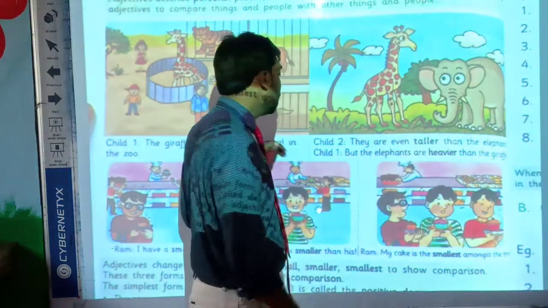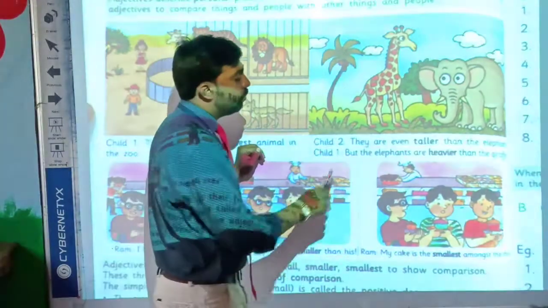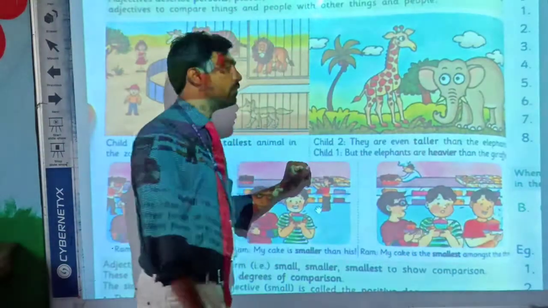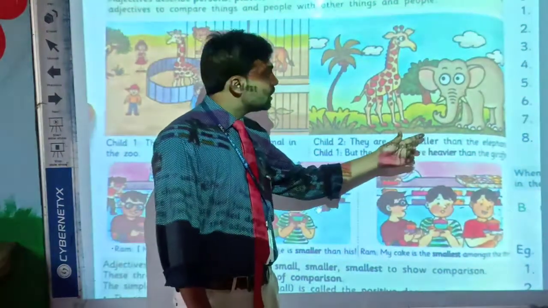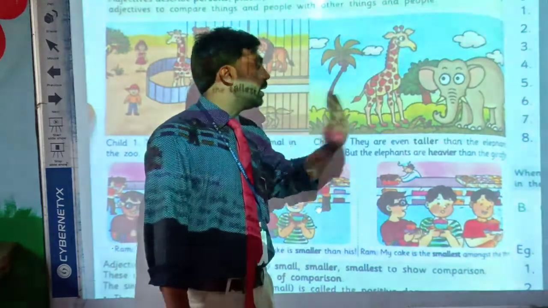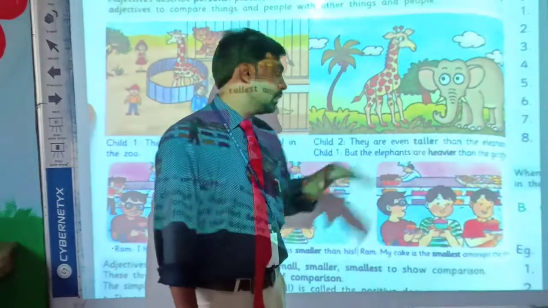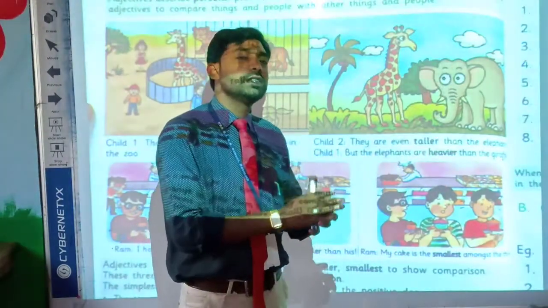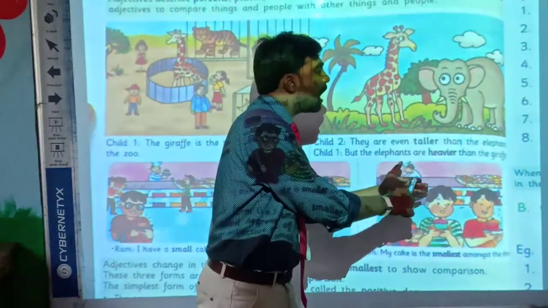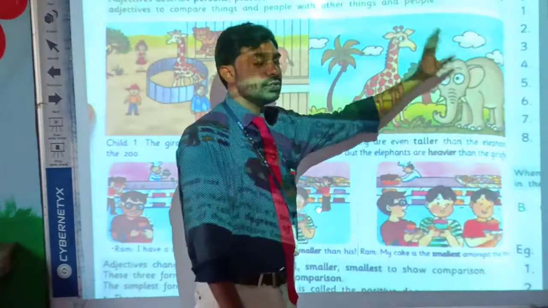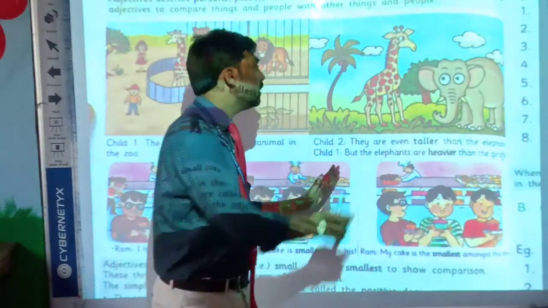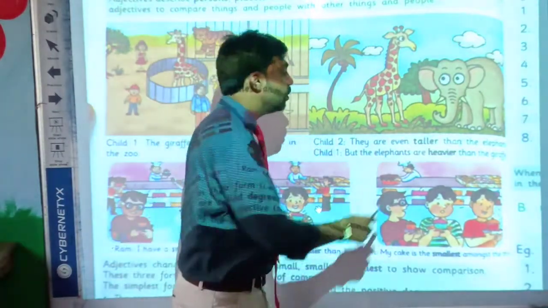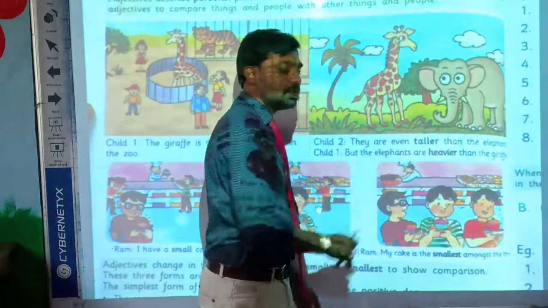Then child 1 said, but the elephants are heavier than the giraffe. So it is correct that the giraffe is taller, but the elephant is heavier. Here elephants means all kinds of elephants are described. Again the elephant and giraffe are compared as per their weight. So elephants are heavier than the giraffe.